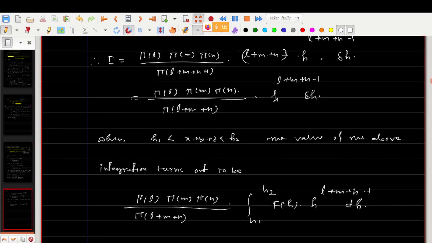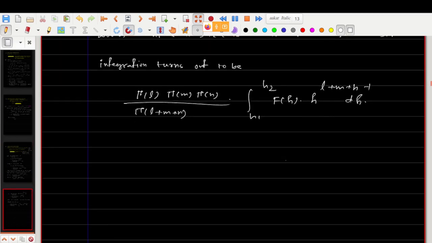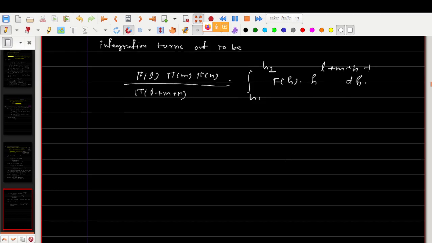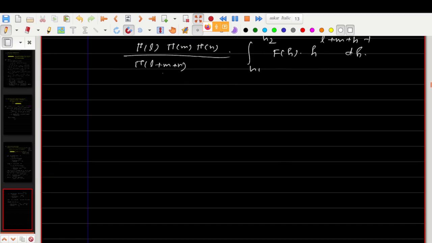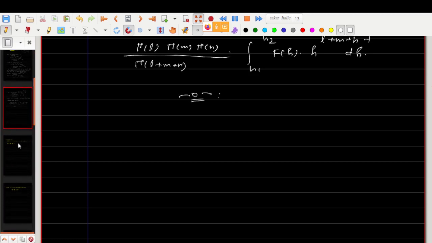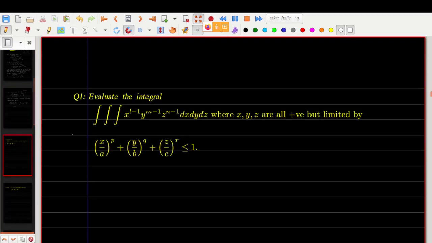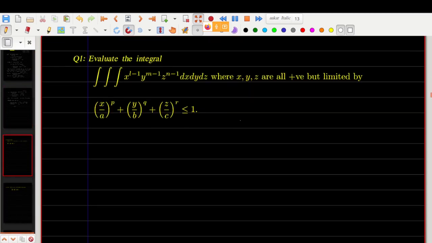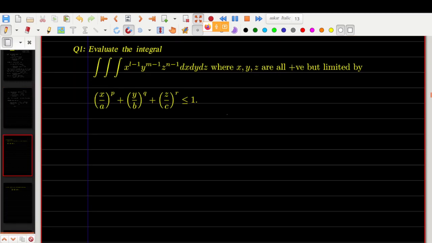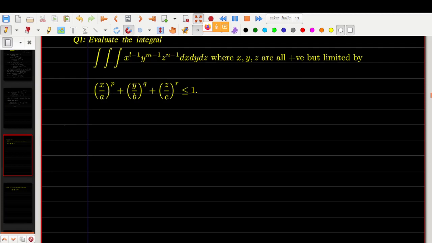As usual, I always provide the full handwritten solution, so you just need to understand the steps here, what is going on in between, right? Now we shall see some problems using this Liouville theorem and Dirichlet formula for the volume integration, right?